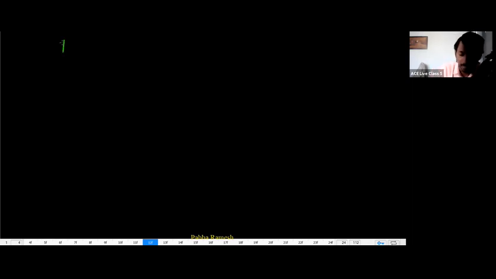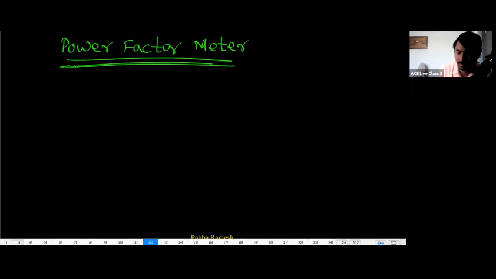That is power factor meter. Concentrate here. So what do you mean by power factor meter? First of all, how the power factor meter scale will be.